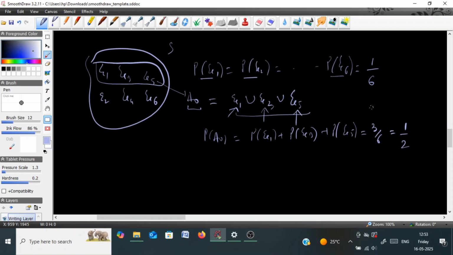Likewise, you can define the event A, whose probability will also become 1 by 2, and so on.